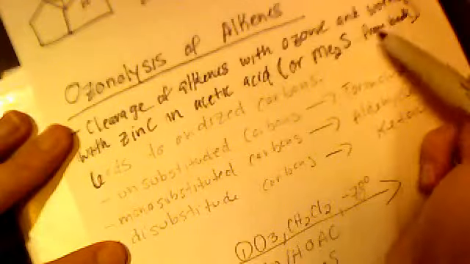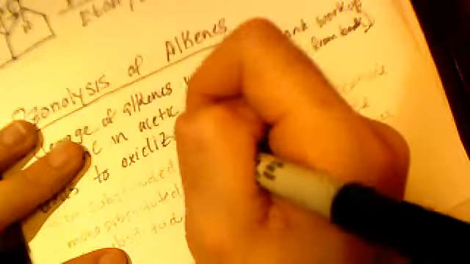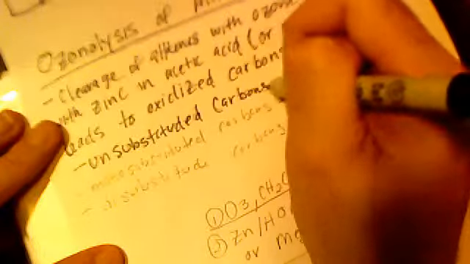So cleavage of alkenes with ozone and workup with zinc and acetic acid leads to oxidized carbons. So if the carbon is unsubstituted, the product that is formed is a formaldehyde.